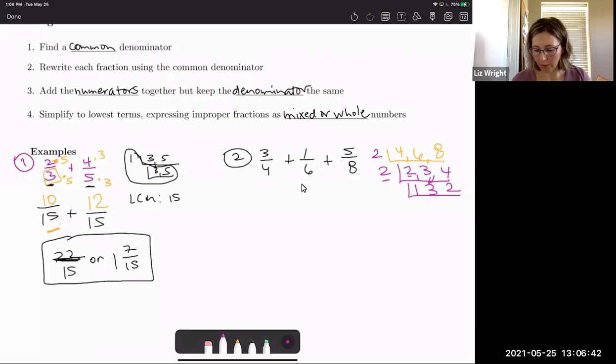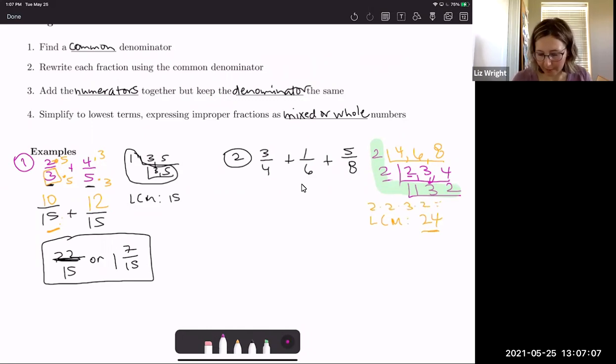Now we are ready to take this outside and multiply it together to get our LCM, or our lowest common denominator. So 2 times 2 is 4, 4 times 3 is 12, and 12 times 2 is 24. So it's going to give us 24, because we did 2 times 2 times 3 times 2.